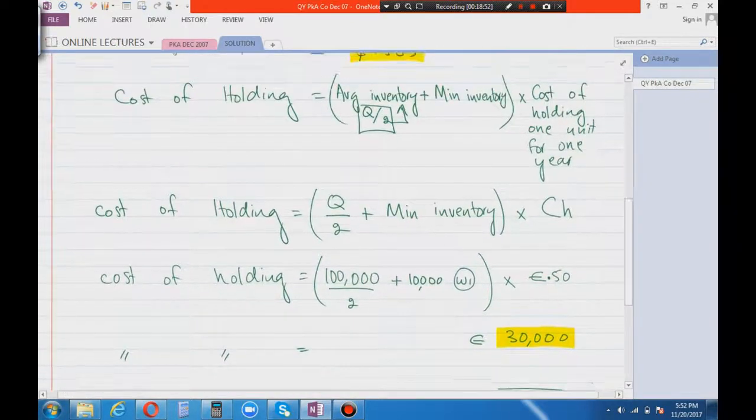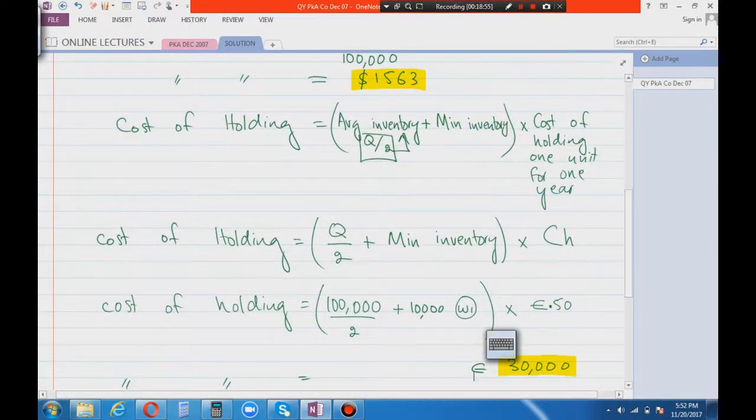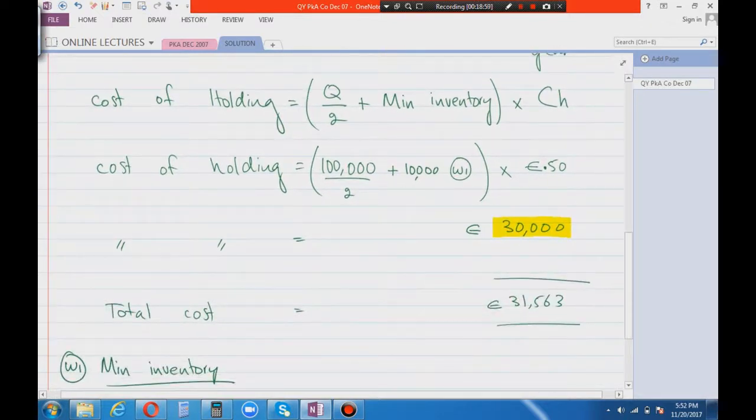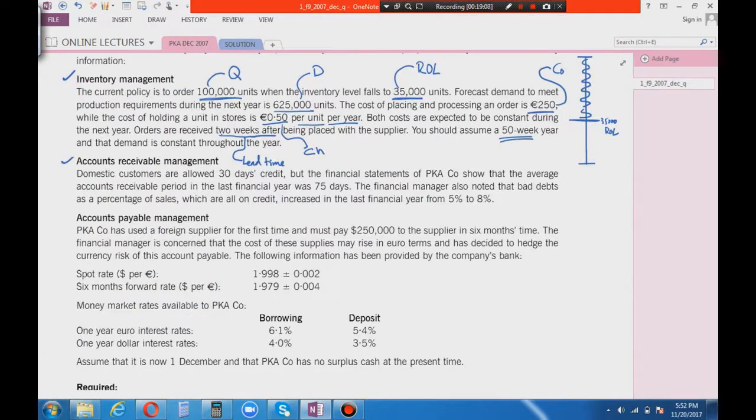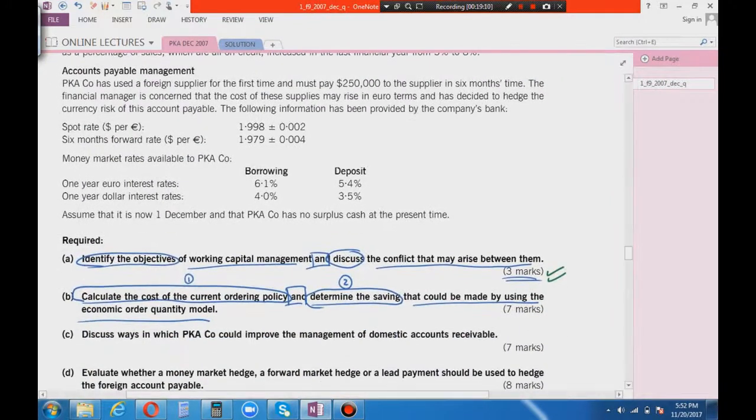So the question was, what is the total cost of current ordering policy? So the current ordering policy will cost us 31,563. Now we have to compare that with the saving from economic order quantity, because the second part of the same question is saying they determine the saving that would be made using economic order quantity.